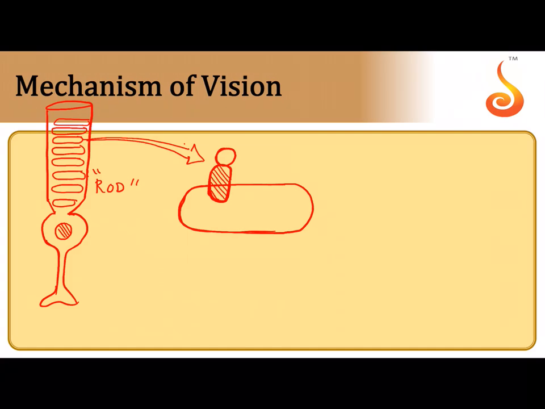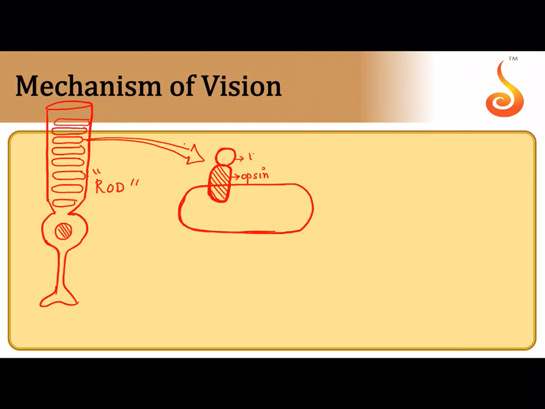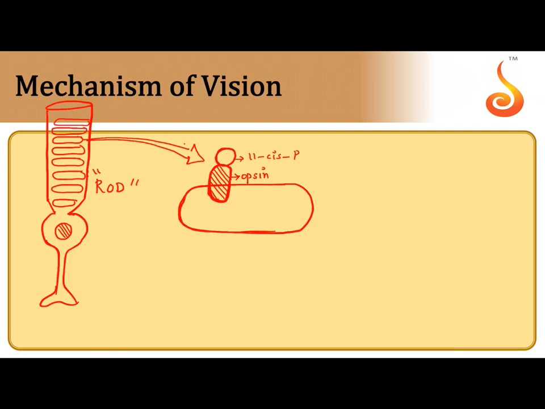The protein part of rhodopsin is referred to as opsin, and the vitamin A derivative is 11-cis retinal. So the vitamin derivative along with the opsin together is referred to as rhodopsin.